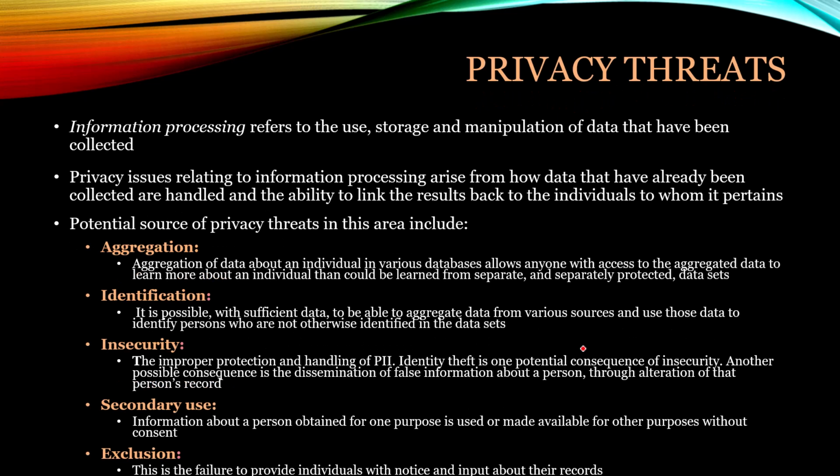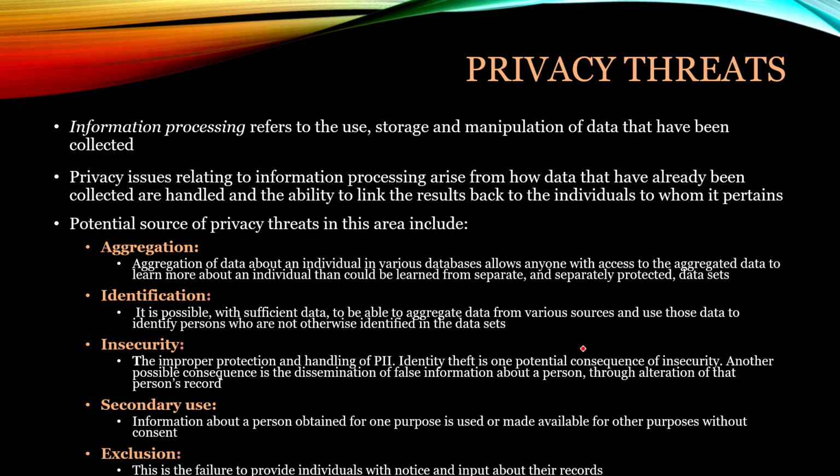Other threats could be aggregation, and again, the aggregation of data is through individuals in various databases, so collecting mass amounts of data on an individual and aggregating all of that information together to see a bigger picture about an individual. Identification: with sufficient data, you are able to gain a much broader picture of an individual if it is all aggregated together.